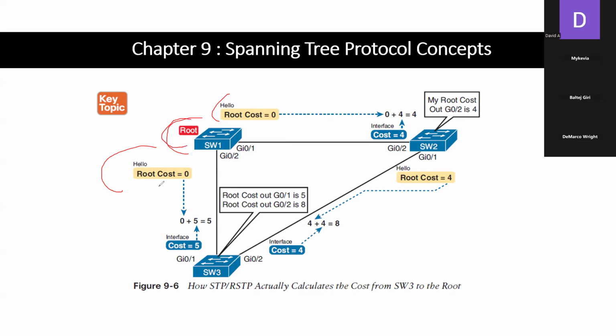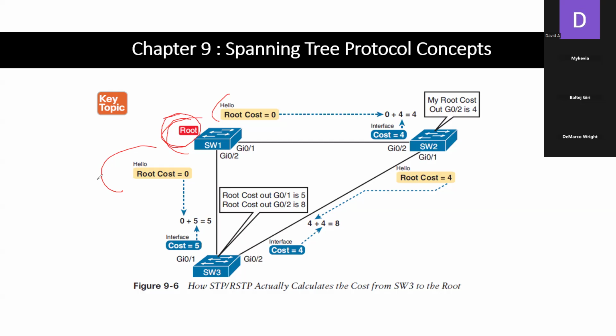Because it's the root switch. Exactly. The hello BPDU is not going to change no matter if it's the root switch, so what they implemented in this technology is that from the root switch, you're just going to send a cost of 0. You're the root.